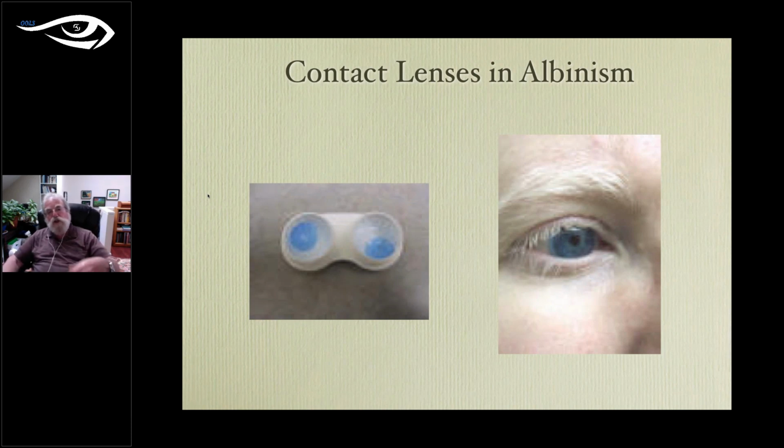Now, in this situation here, this patient does not have ocular albinism. This patient has oculocutaneous albinism. And obviously you can see the picture on the right. The brow is lacking pigmentation. The lashes are lacking pigmentation. The iris is blue, lacking pigmentation. That's your classic OCA, oculocutaneous albino.